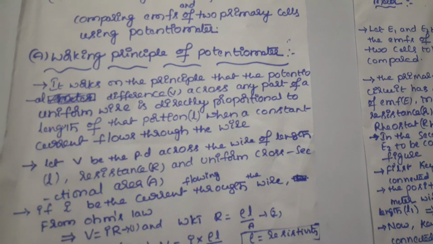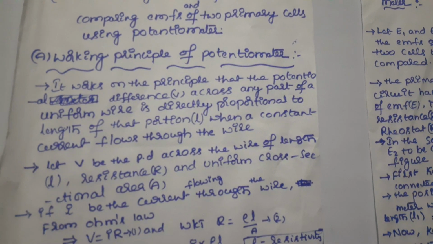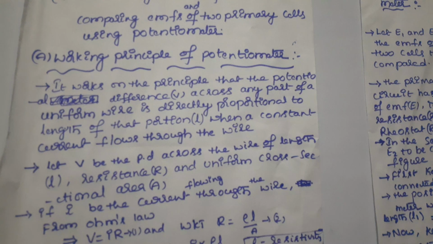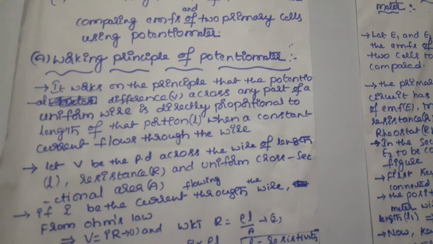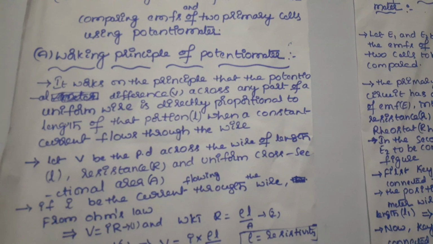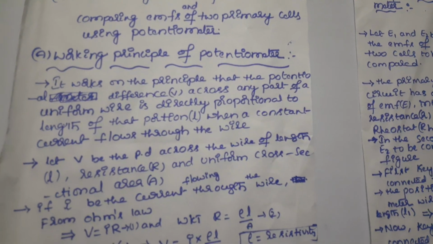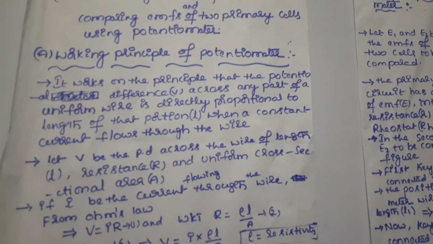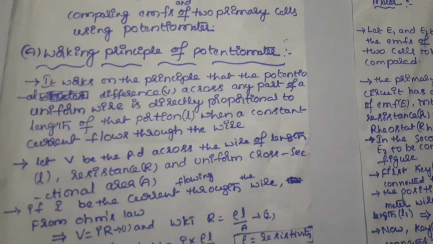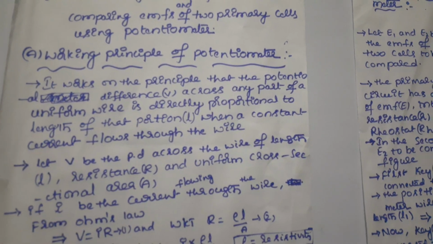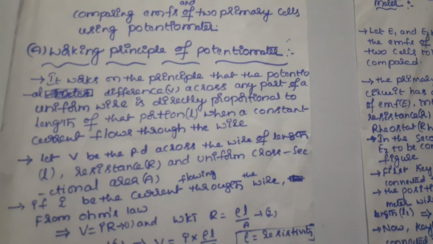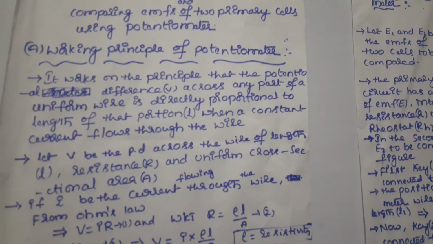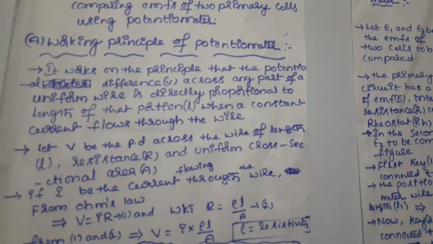Simply, potentiometer works on the principle that potential difference increases when the length of a part of the wire increases. Potential difference decreases when the part of the wire decreases.